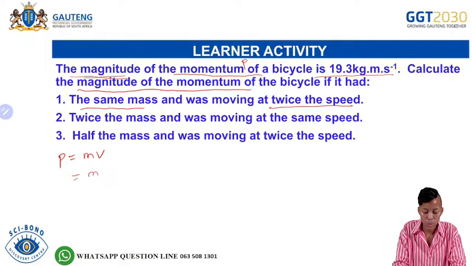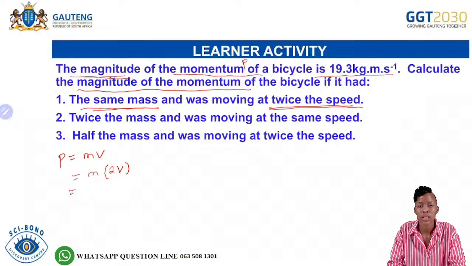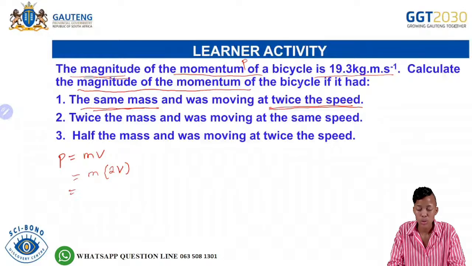So here are the key words: same mass and moving at twice the speed. Twice means we have twice the velocity. So what will be the magnitude of the new momentum?